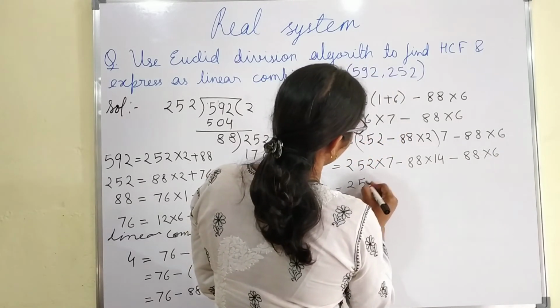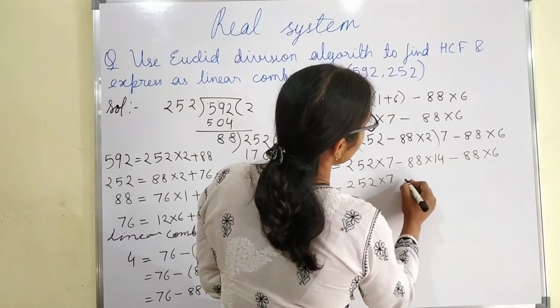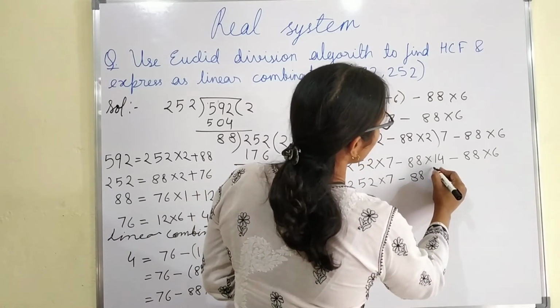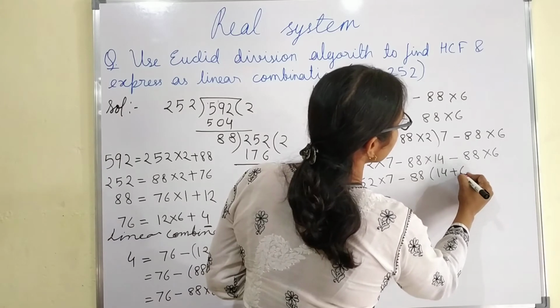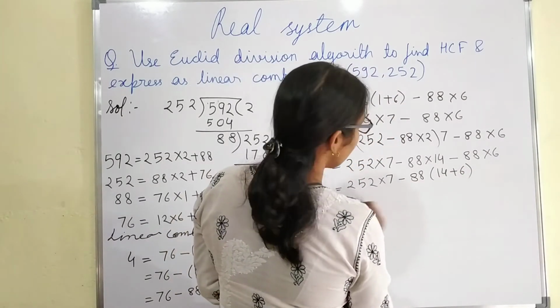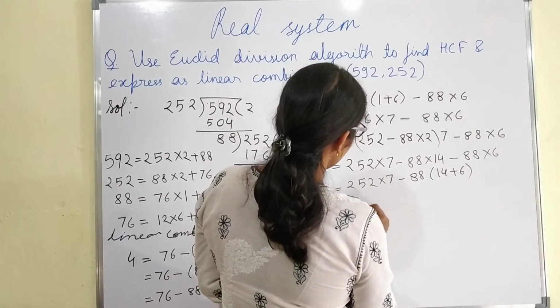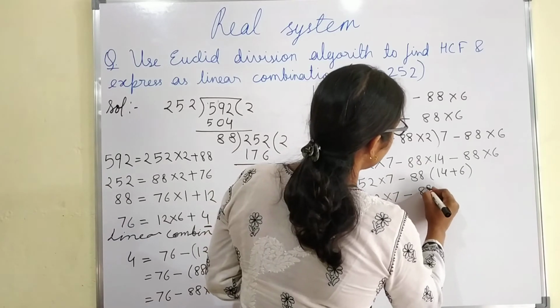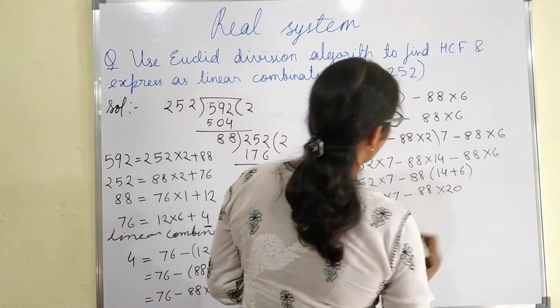So 252 into 7 minus 88 is common. So 14 plus 6. So it will become 252 into 7 minus 88 into 20.